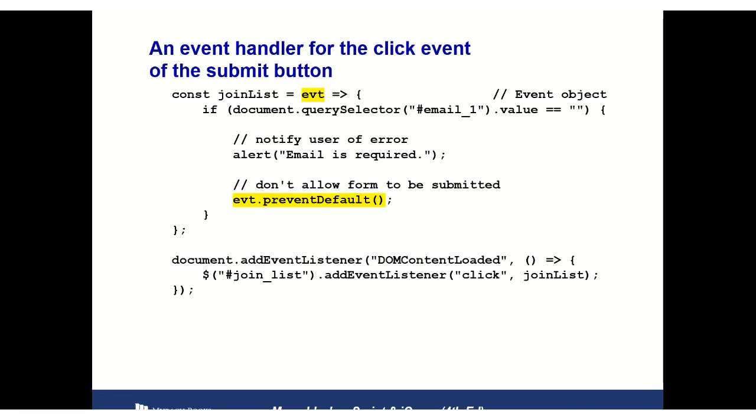So here is an event handler for the click event of the submit button. This way you can also use the email list function. You can do the join list, and then associate it with an event, and the event object is defined in this way.